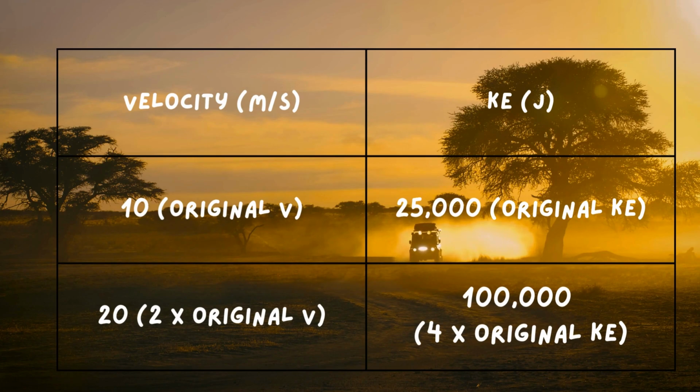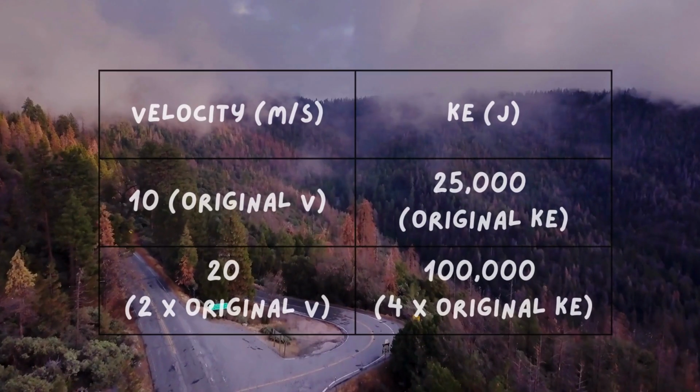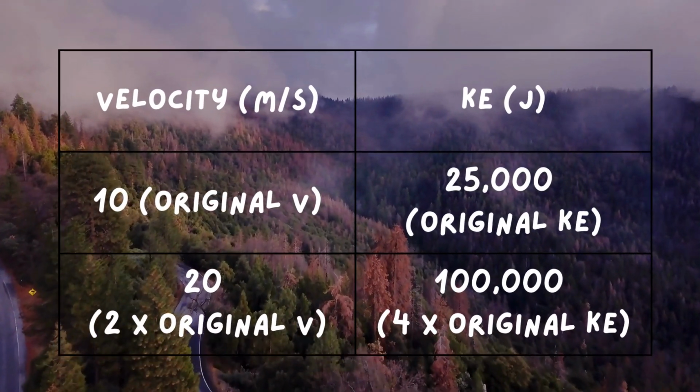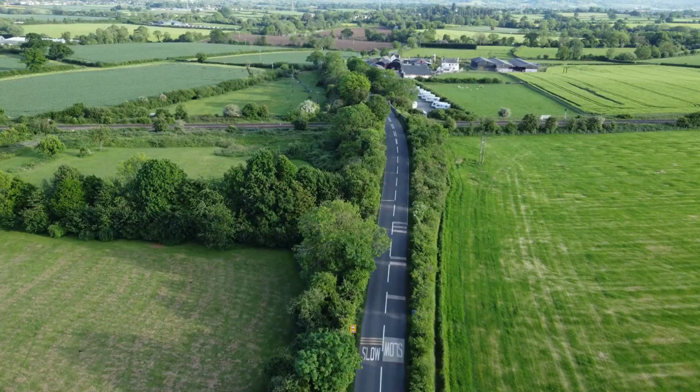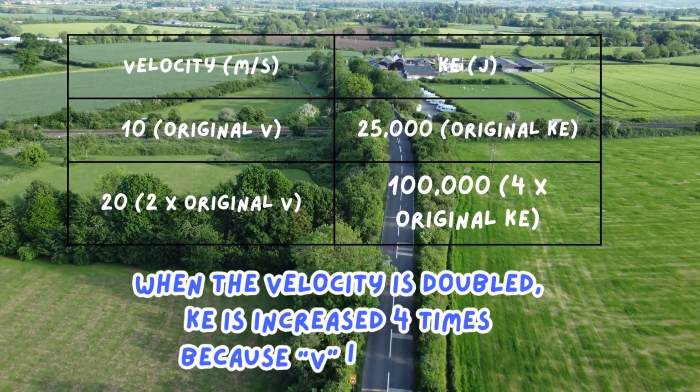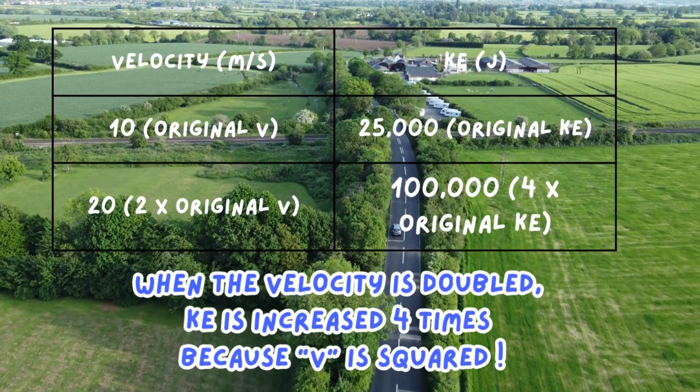Now, if you double your velocity, so you travel at 20 meters per second, then your kinetic energy becomes 4 times 25,000 joules, or 100,000 joules. As you can see, when the velocity is doubled, the KE is increased 4 times because v is squared.